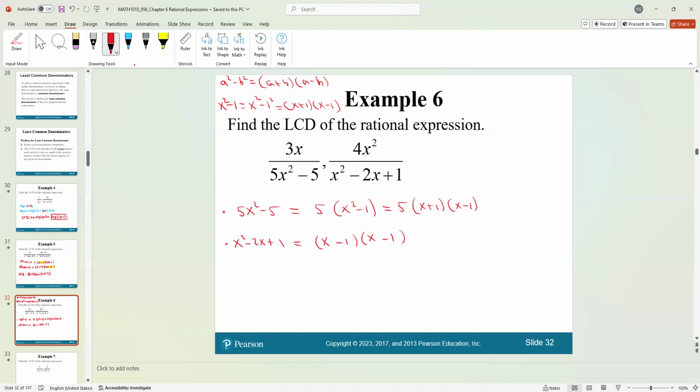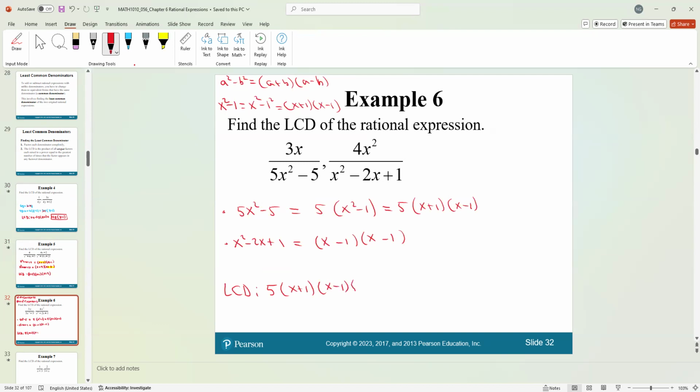All right. Now, let's see if you remember how to find your LCD here. Yes, 5, I'll take 5. Yes, I take x plus 1, of course. Now, because I see in 5x squared minus 5 there is an x minus 1, but in the second one I have x minus 1 twice, I'm going to go with the x minus 1 twice.